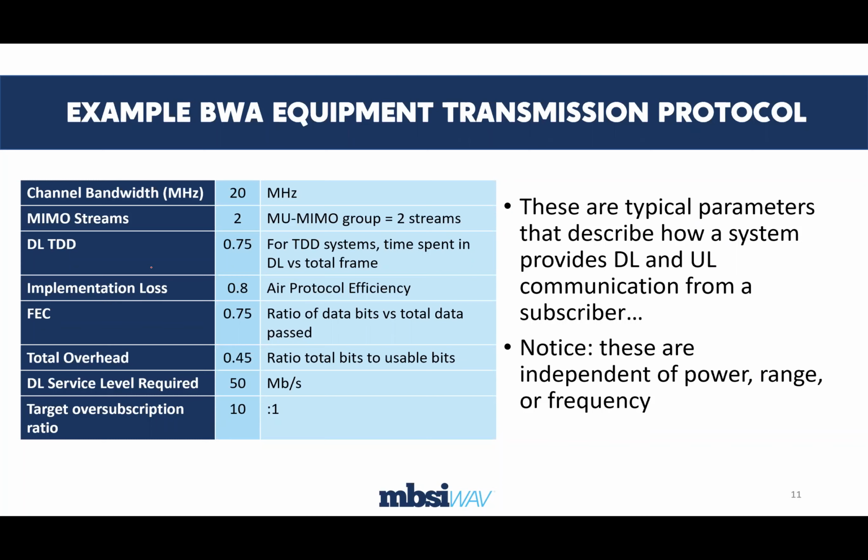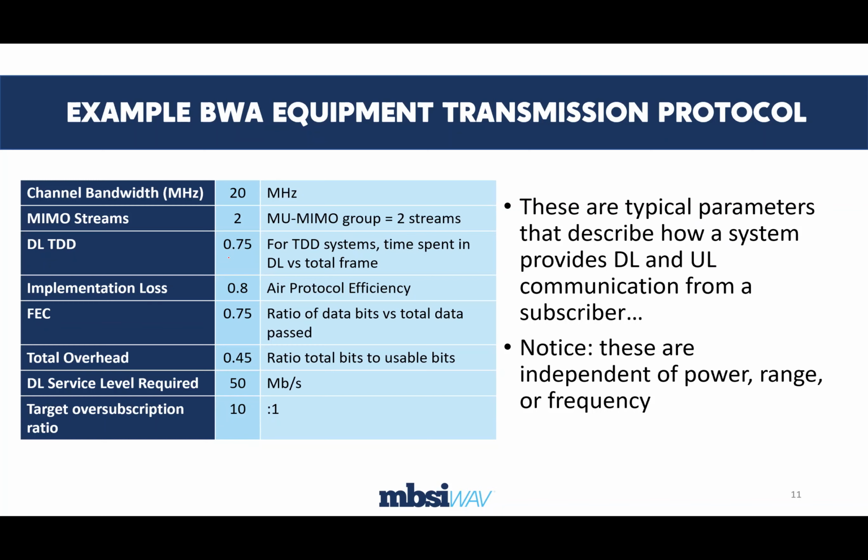Probably 90% of it is running in MIMO of some sort. So there's two-stream MIMO, so we count two streams. In our downlink time division duplex ratio, we're going to count that 0.75 of the time is spent in downlink and 0.25 of the time is spent in uplink. We're only going to count the downlink here in our calculation today.